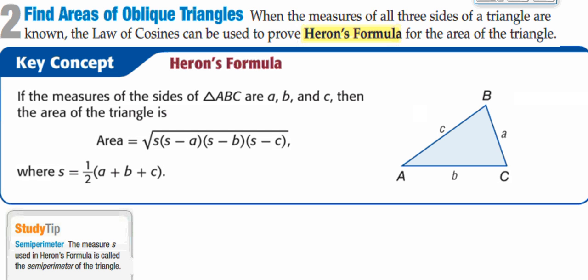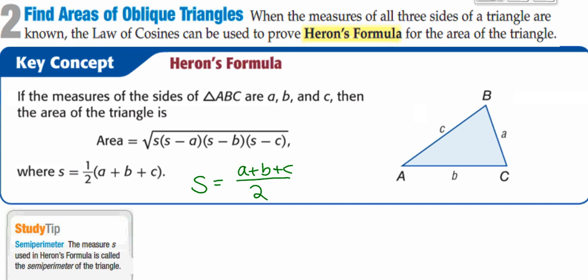A little trickiness there: it's not the average of a, b, and c, it's a plus b plus c either divided by 2 or multiplied by 1/2. So generally I say that s is a plus b plus c divided by 2.